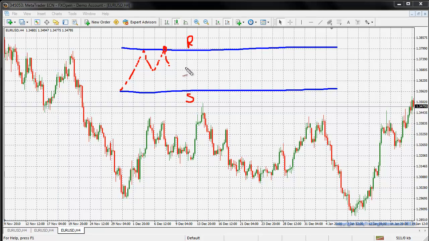You can't establish a resistance level just off of one rejection. You really need to have a confirmation. What this is basically saying is that the market, us the traders, have decided that we are not happy with this particular currency pair, the euro versus the USD, to go up any higher.